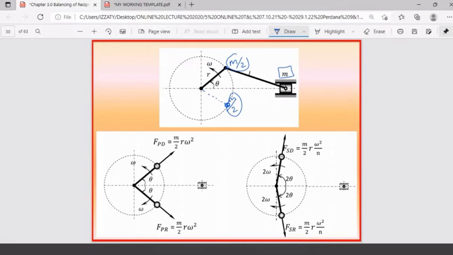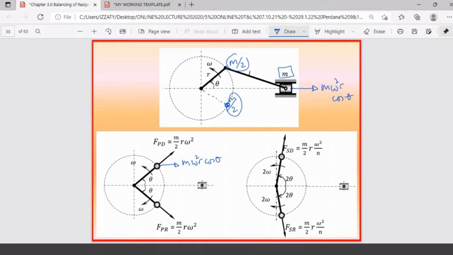So you have a force here. What will be the force? You have m omega square r cos theta, if you're talking about primary, for example. The same force will be here, also m omega square r cos theta.